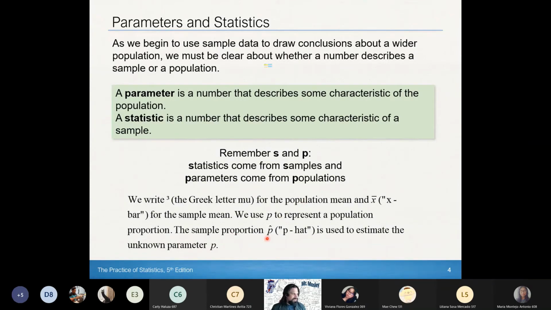The sample proportion p hat is the letter p with the little circumflex above it. It's the symbol above the number 6 on your keypad. And p hat is used to estimate the unknown parameter p. P hat, or x bar, could be the value from our sample that is an estimate of the parameter. We can't call it the parameter, and we can't call it the actual proportion for the population, because it came from a sample.